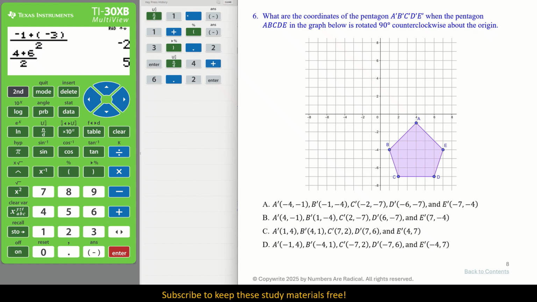What we need to do is I'm going to look at A, okay? And A, we know is at 4, -1. Now, I'm going to draw, pretend like I can draw. That's a big stretch, okay? Here, I'm going to change colors for us. We said about the origin, right?